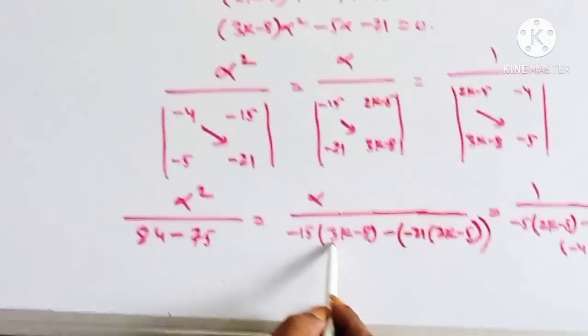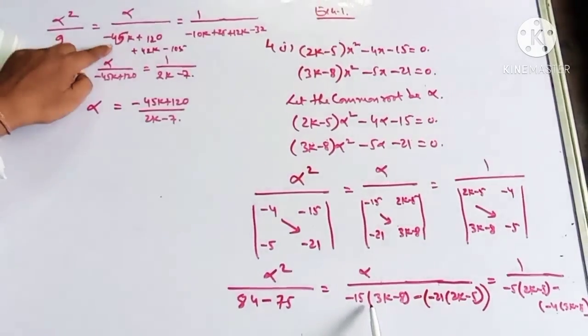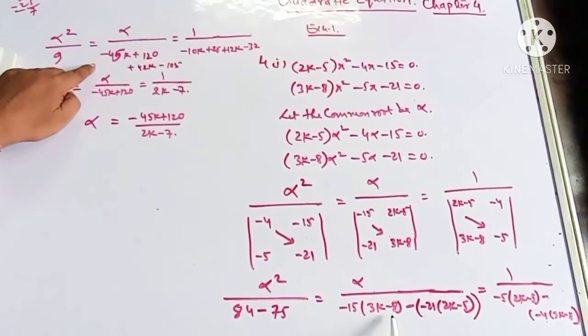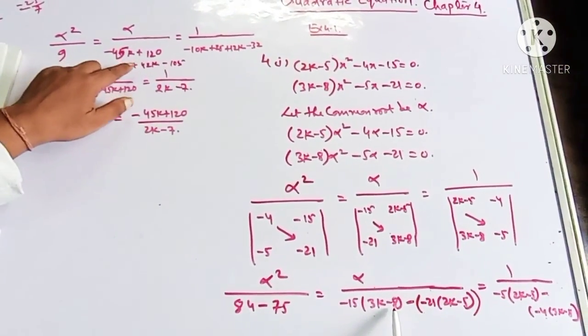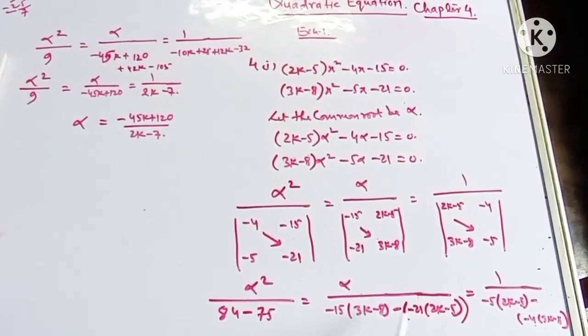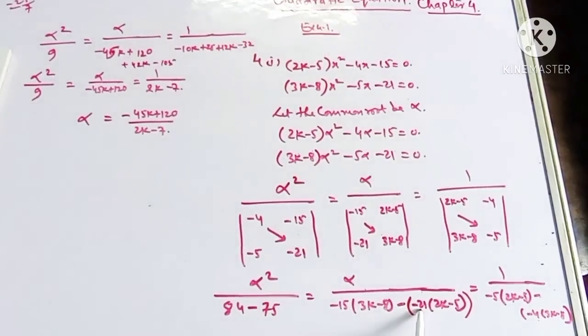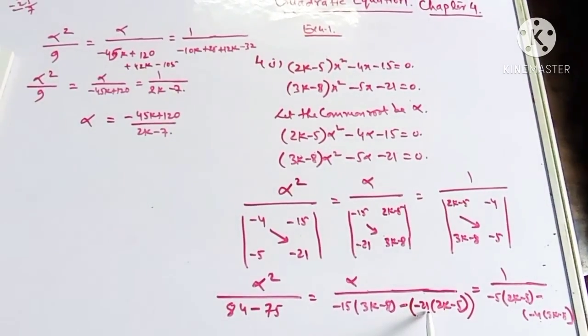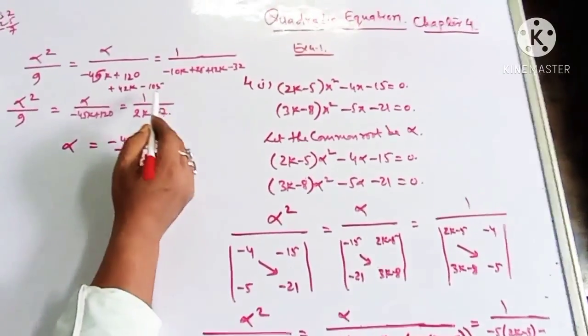See, minus 15 into 3, 45, minus 45, minus into minus 15 is 120, but this part was left. So this part is this plus 2 into 42k minus 5, 5 1s are 5, 5 2s are 10, minus this.